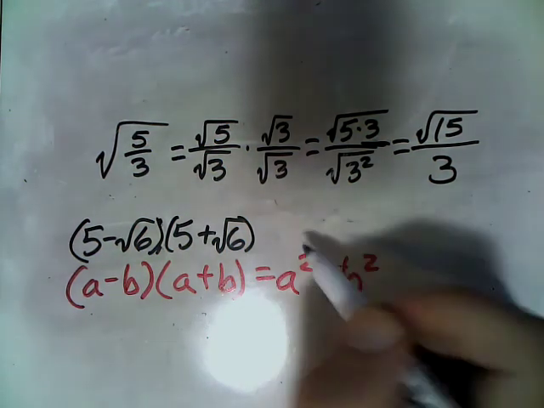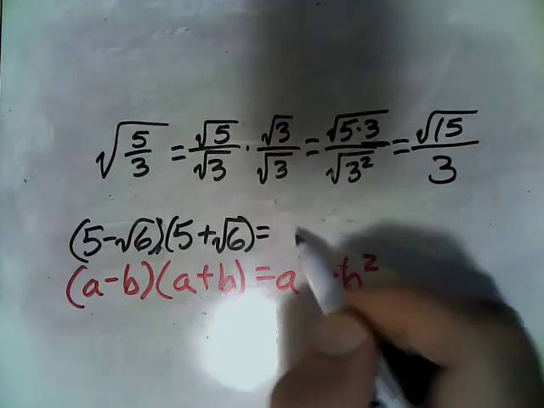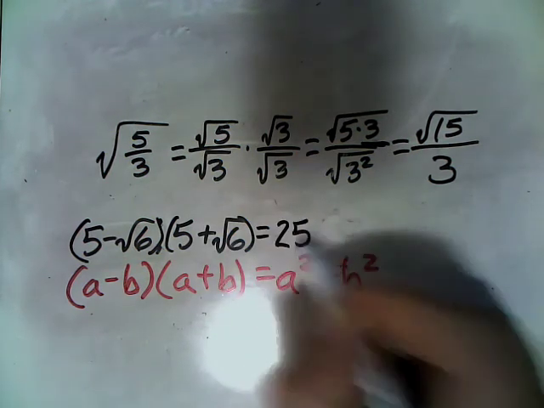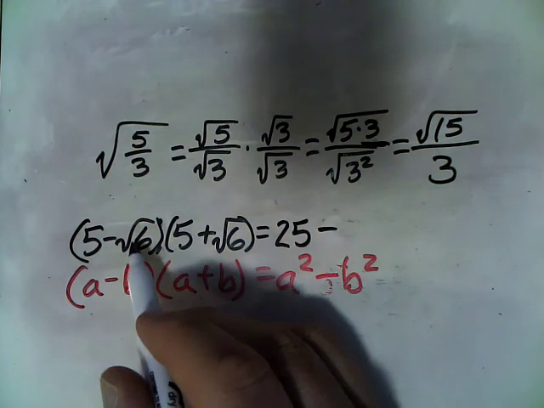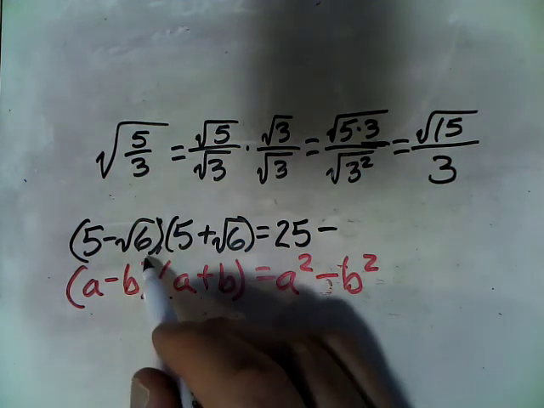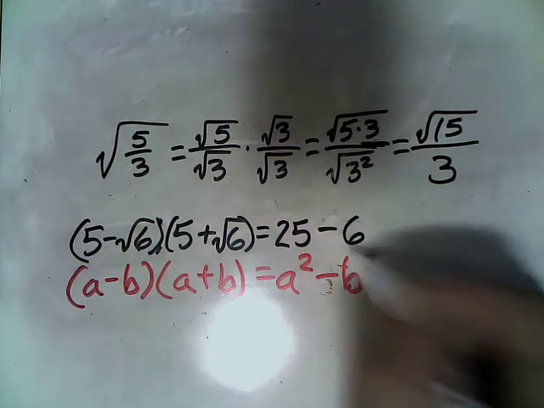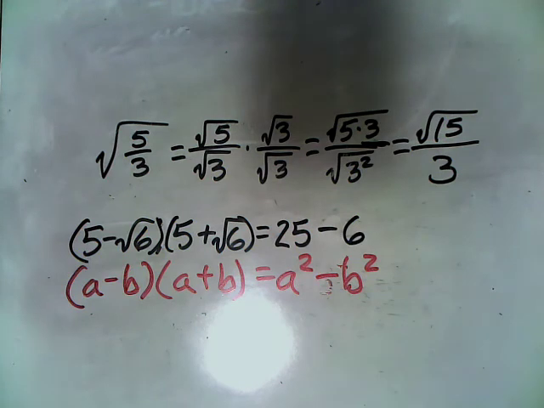So applied to this situation here, we would get 5 squared, which is 25, minus the square root of 6 squared, which would just be 6. Which of course, 25 minus 6 is 19, which is a rational number.